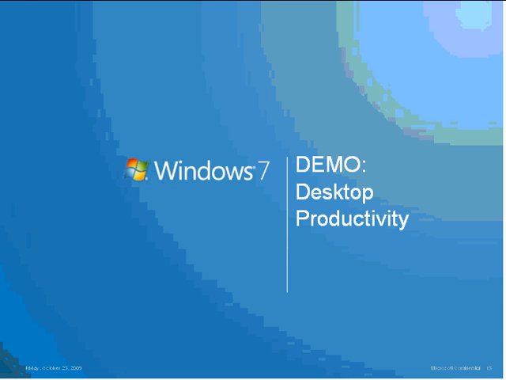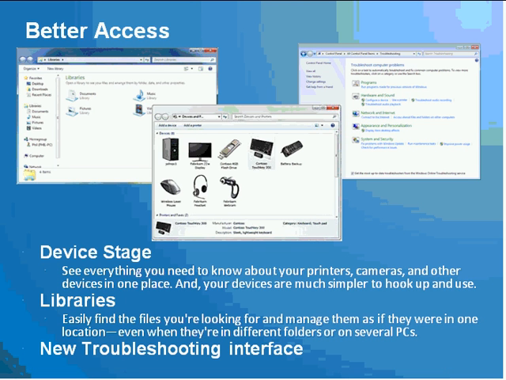Okay, we saw some time ago the demo of desktop productivity. We wanted to highlight some additional features that have been added. To provide better access to the applications that you have, we have added something called Device Stage. We'll be getting into a demo of Device Stage shortly.